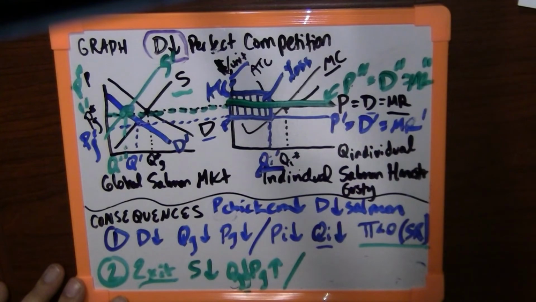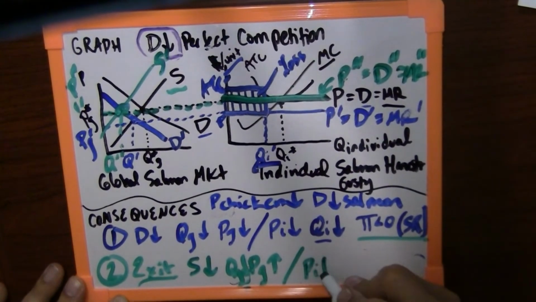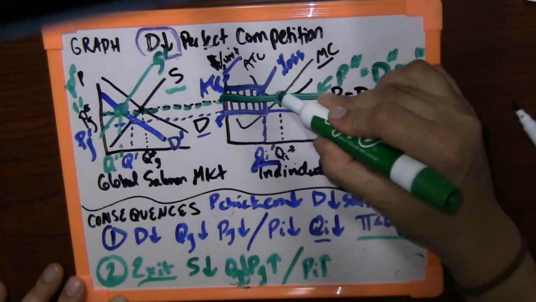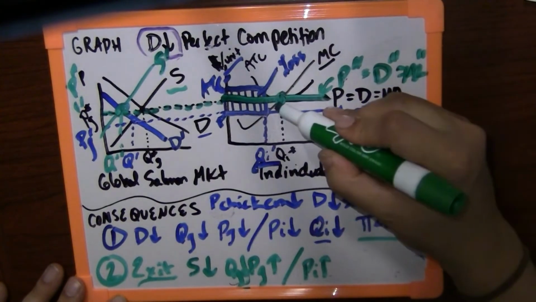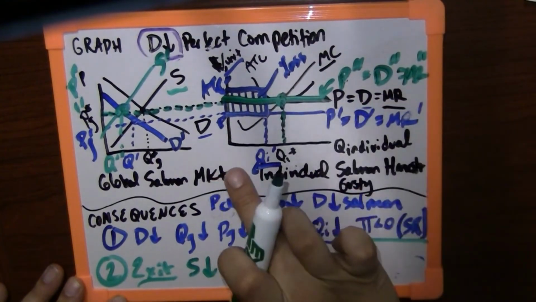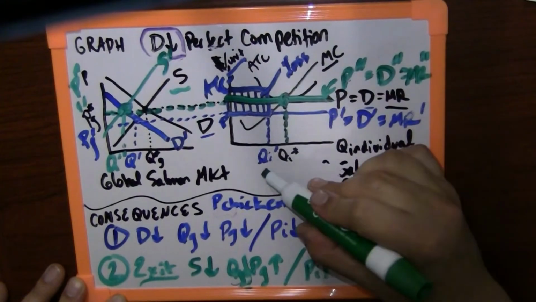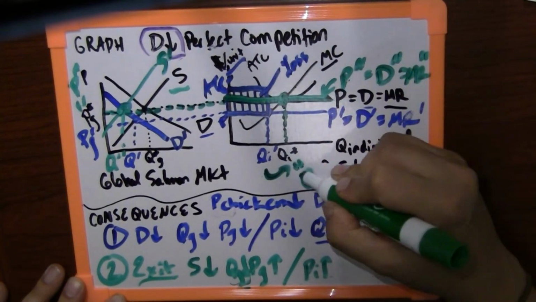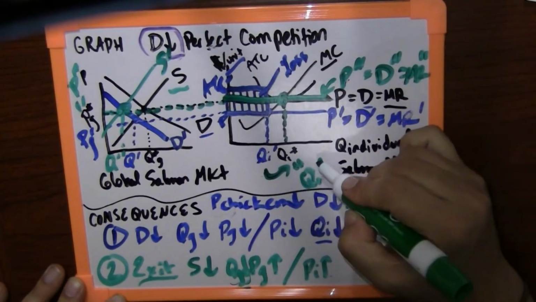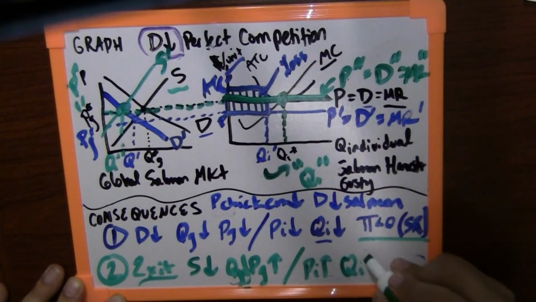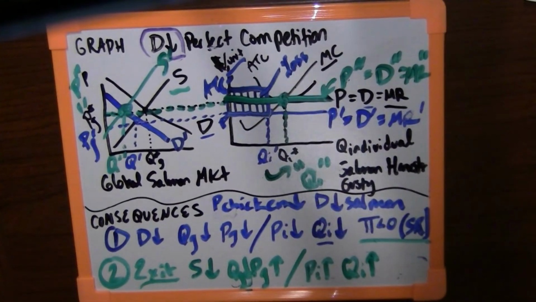Back to the black line. The price of the individual goes back up. Marginal cost is now equal to marginal revenue at the same place where it started. Gusty stops producing less and produces the same amount again. The individual's quantity goes back up.